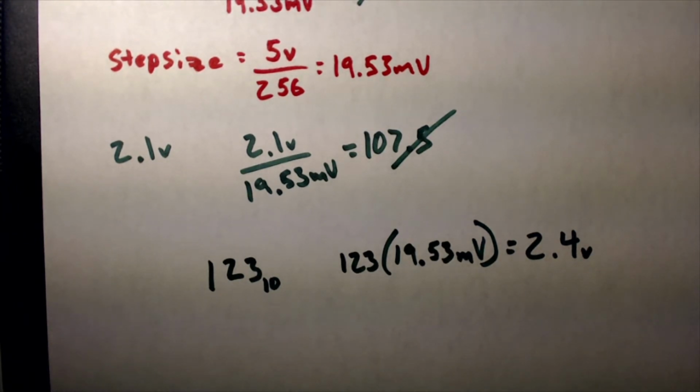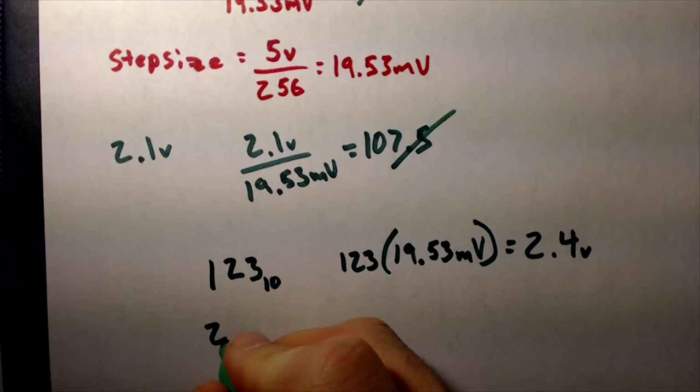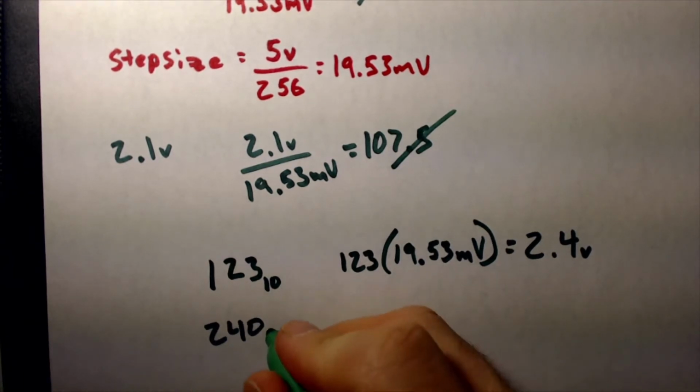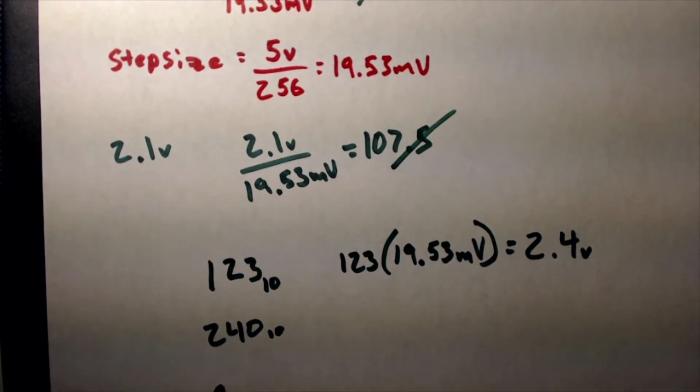What about if we ended up with a converted value of 240? Now 240's getting up there. It's not that far off from 255. I expect that our value is going to be in the neighborhood very close to 255.